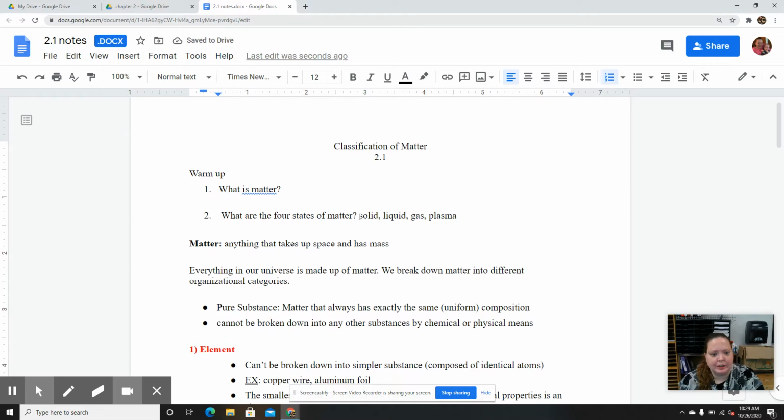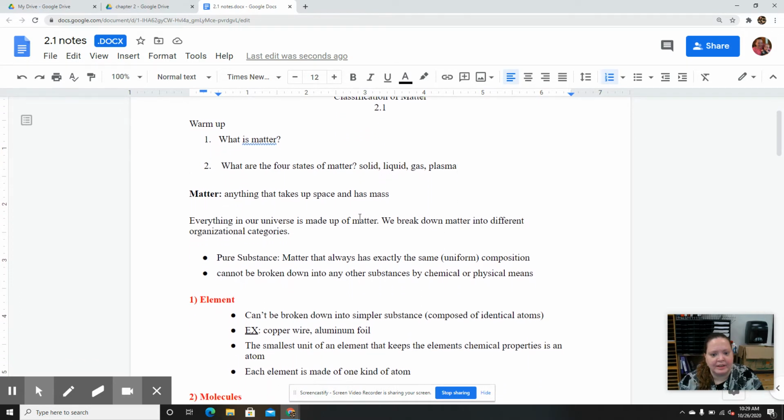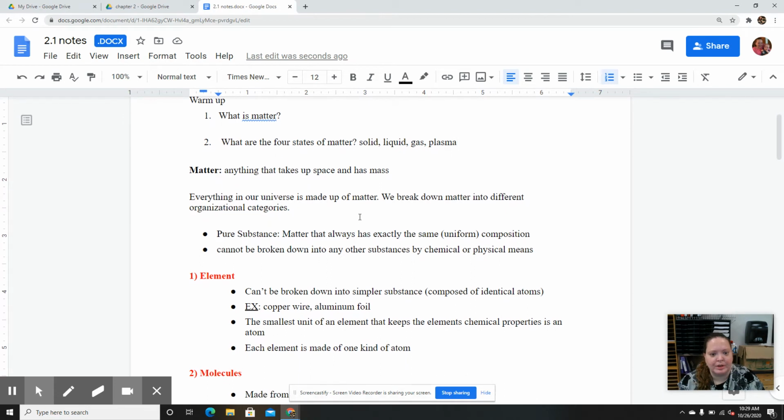So everything in our universe is made up of matter. We break it down into various organizational categories. A pure substance is matter that has exactly the same uniform composition. It can't be broken down into simpler substances by any normal physical or chemical means.